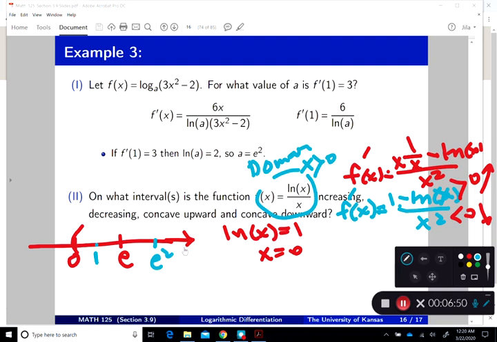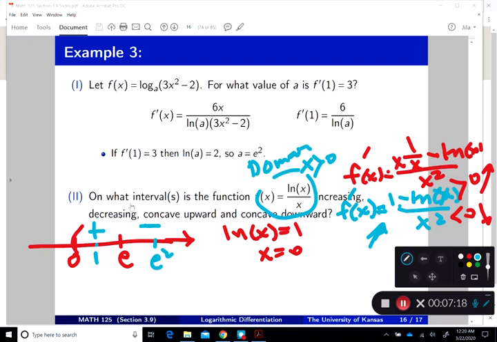When I plug in 1 into my derivative, I get 1 minus 0 divided by 1. That is a positive value. When I plug in e to the power 2, I get 1 minus 2 divided by e to the power 4, which is basically a negative number.